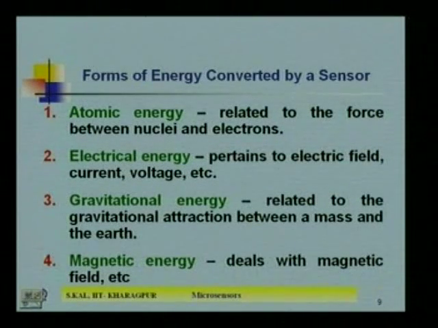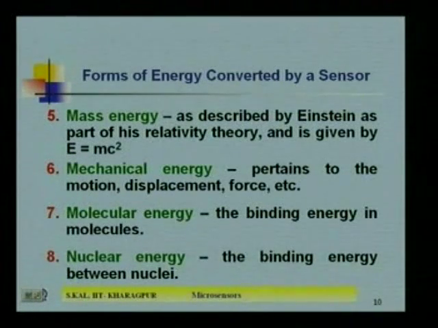Electrical energy pertains to electrical field, current or voltage. Gravitational energy is related to the gravitational attraction between a mass and the earth. Similarly, magnetic energy deals with magnetic field. So, other forms of energy are mass energy, mechanical energy, molecular energy and nuclear energy.